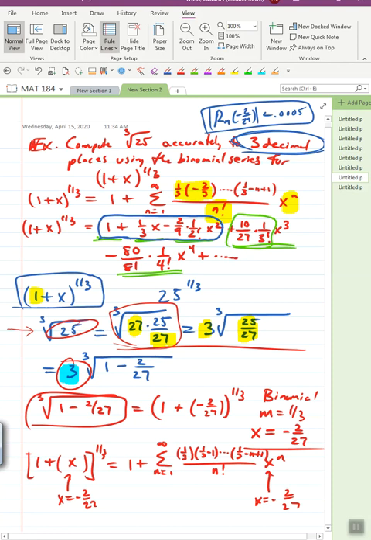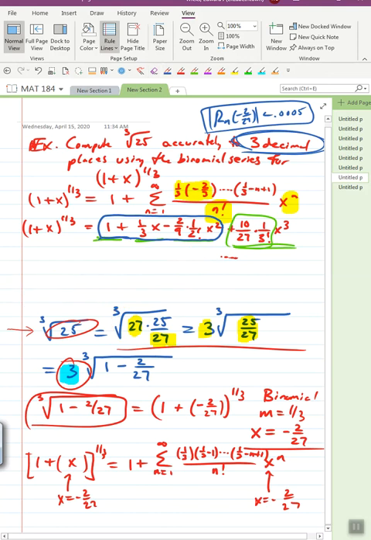So I'll leave this for you to finish, but what I'm saying is, how would you approximate now with this accuracy 1 minus 2 over 27 to the 1/3? You would simply plug in negative 2/27 for x. And you're using just the second degree Taylor polynomial.